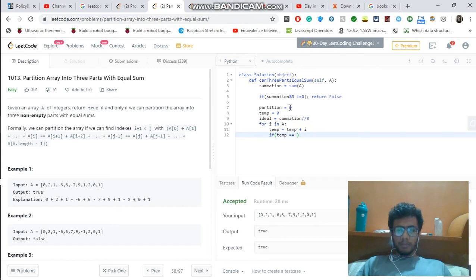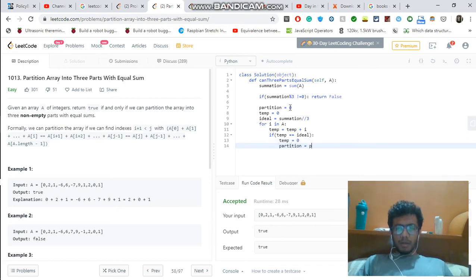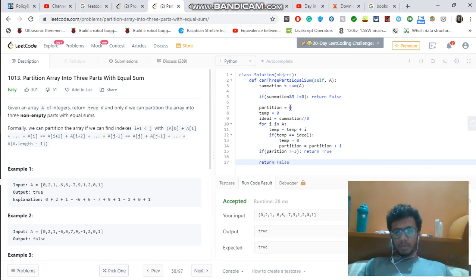So if my temp is equal to ideal, then I'll have to reset my temp to 0, and the partition count I'll have to increment by 1. So if my partition is greater than or equal to 3, that means I can do this, else I cannot do this.